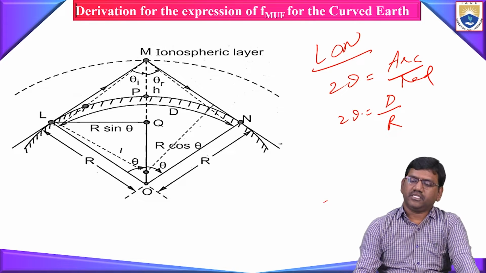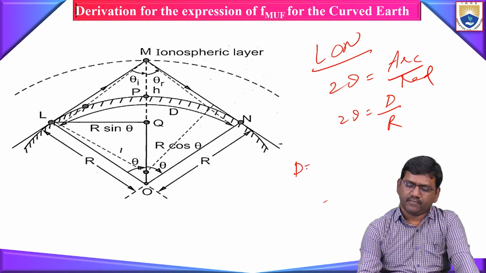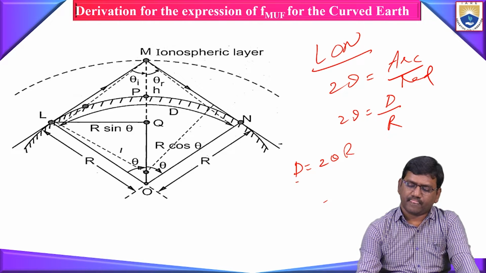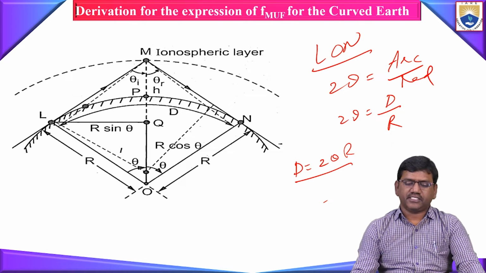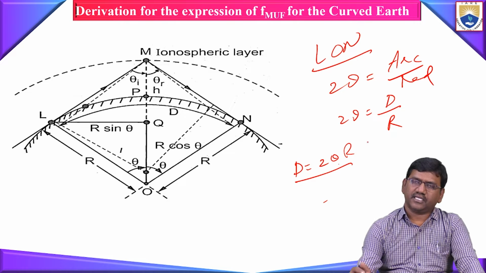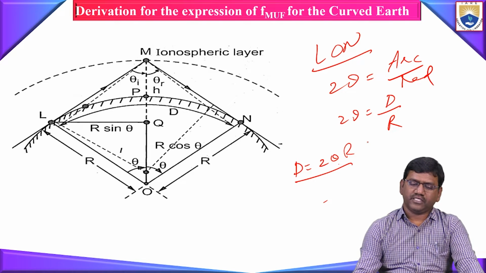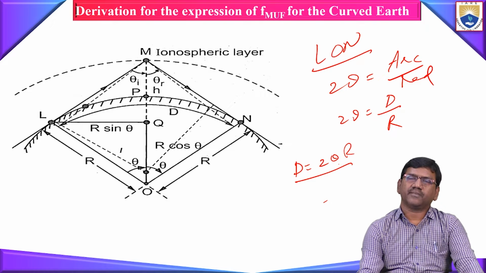So 2 theta is equal to d by r, and d is equal to 2 theta r. We need to remember this value. So the distance traveled by the path LN depends upon theta and the r value. So d is equal to 2 theta r, from the relation that angle is equal to arc by radius.